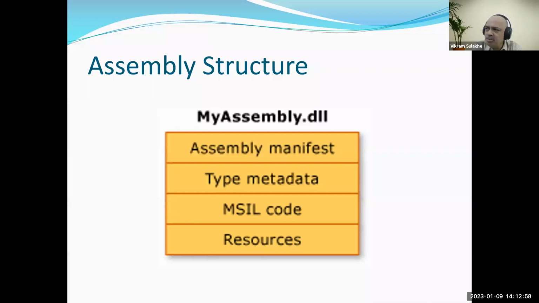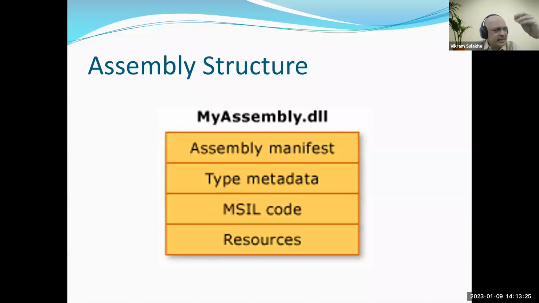For example, you might have common strings, or bitmaps, or any files, or any XML files that might be used. These are all considered resources to the assembly. So essentially, an assembly contains all the details about itself as well.